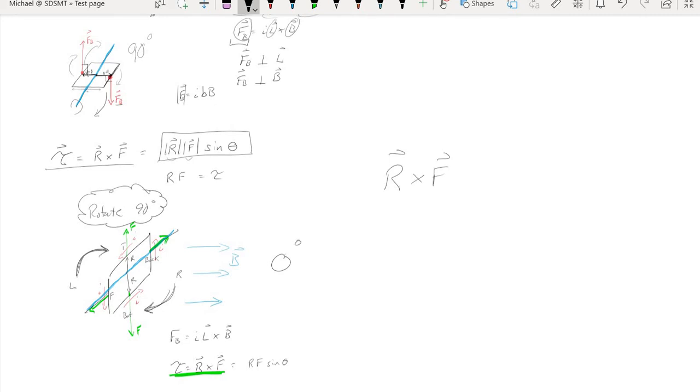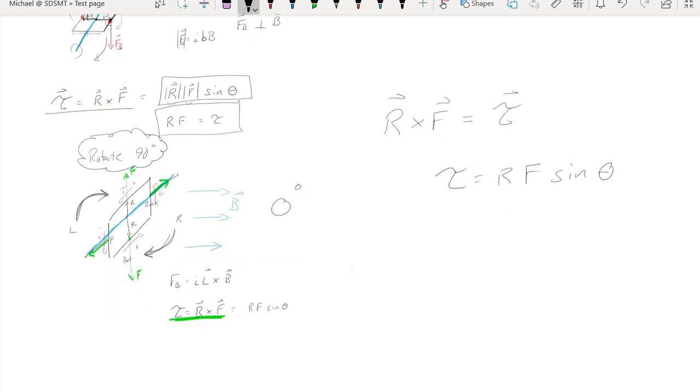And this means that in order to evaluate the torque on this coil, we have to leave it in that general form of sine theta. As we rotate, theta constantly changes its value, so we have to leave it as sine theta. Obviously, we start with a maximum amount of torque, which is equal to RF, but then we ended up with a minimum amount of torque that was equal to 0 because none of the forces were contributing anything anymore.